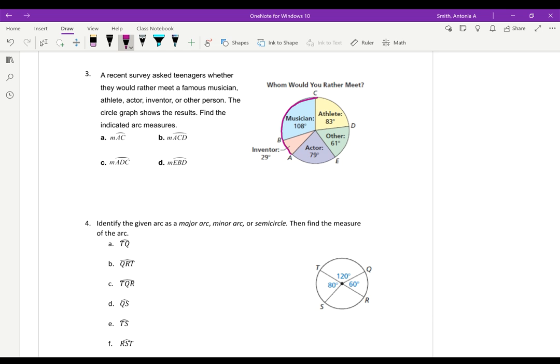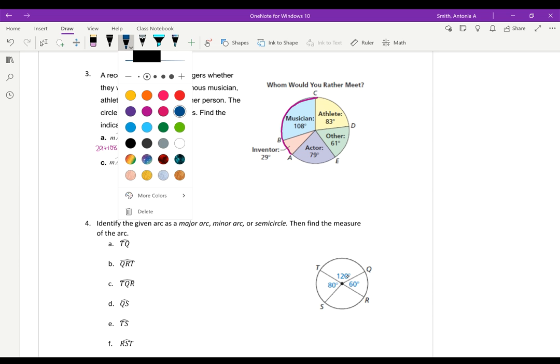So that's 29 degrees plus 108 degrees, which is 137 degrees. And I can add them up because they are right next to each other.